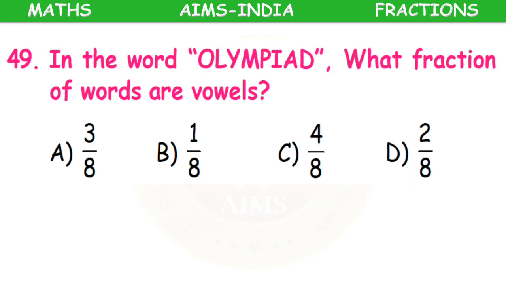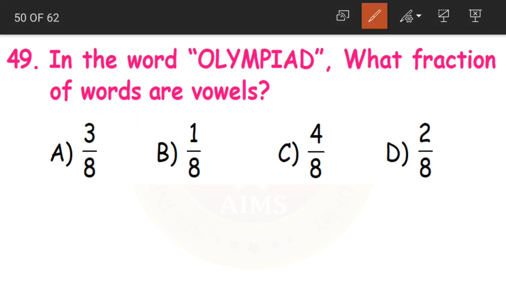Next question 49. In the word Olympiad, what fraction of letters are vowels? Now what do we want from Olympiad? We want the letters that are vowels. Now what are the vowels, children? If you remember from English language, A, E, I, O, U. These are the 5 vowels we have.